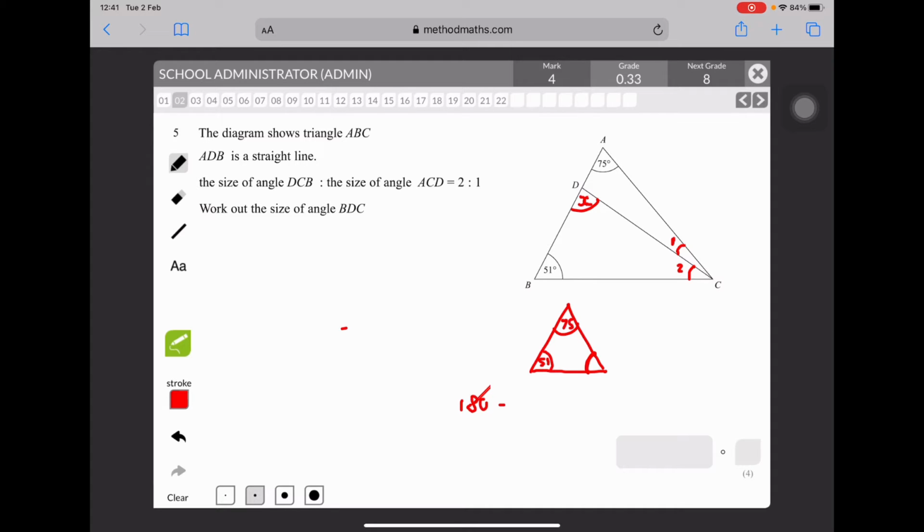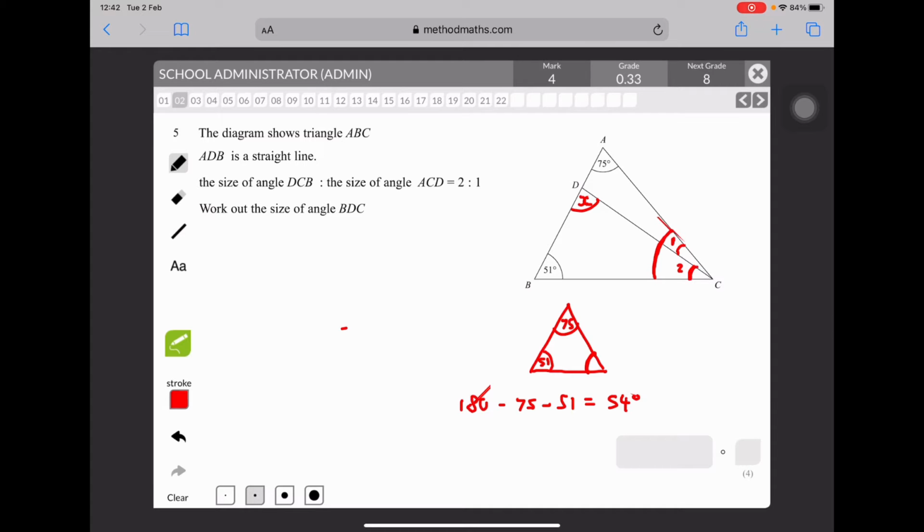So 180 take away 75 take away 51 equals 54 degrees. Let me just see if that's right. Yeah, I'm pretty sure that's 54 degrees. Okay, so now I know that this whole angle here is 54 degrees.